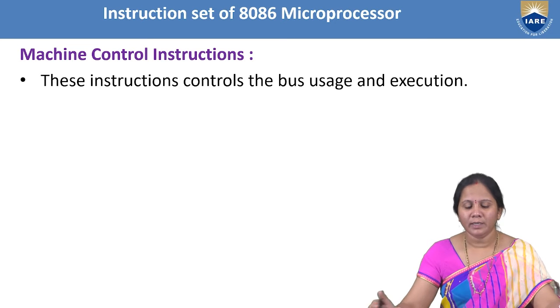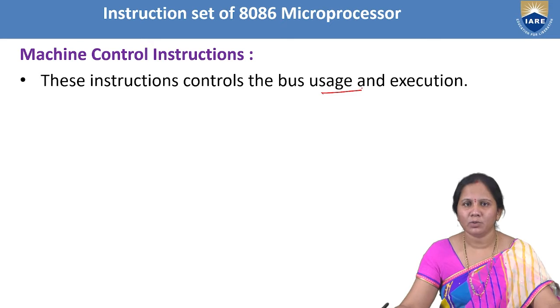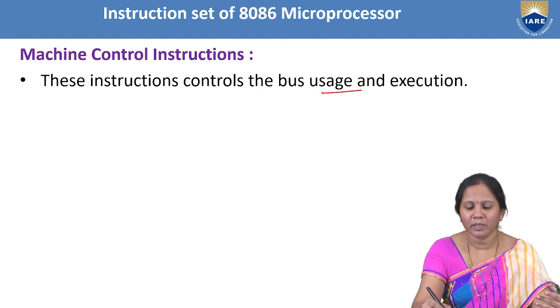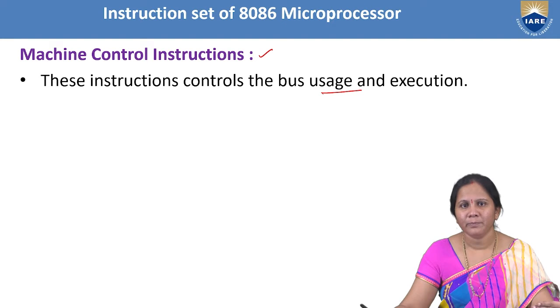These instructions control the bus usage and execution: how the bus should be used and how the instruction should be executed. Bus usage means what instruction we have to use in order to lock the bus, and what instruction we have to use to give system bus access to the other masters.